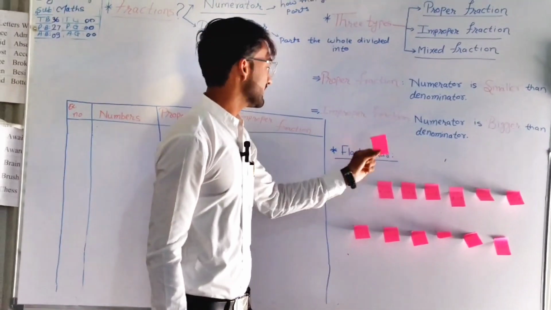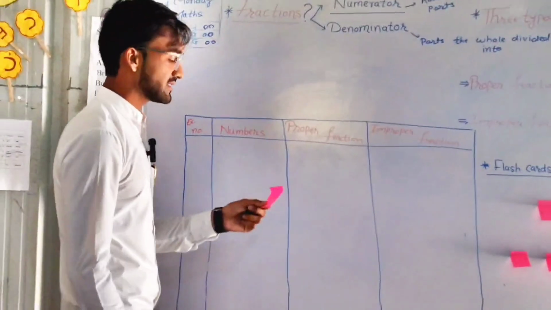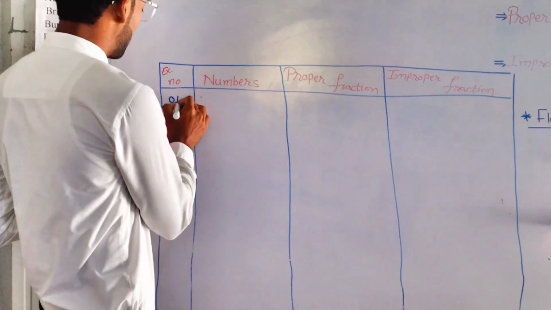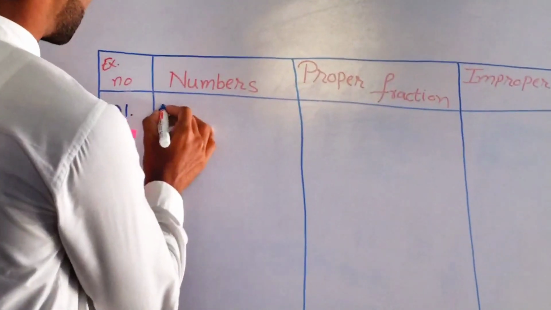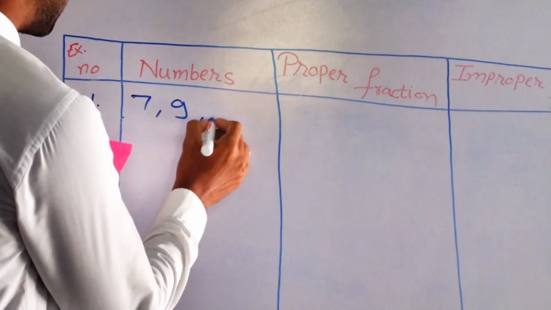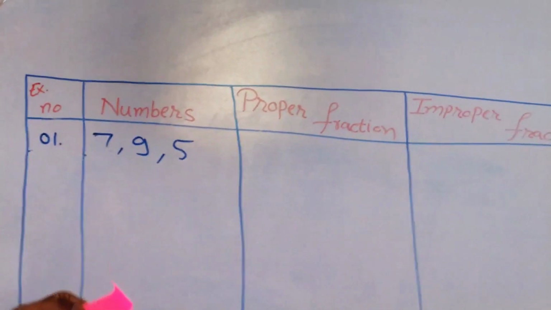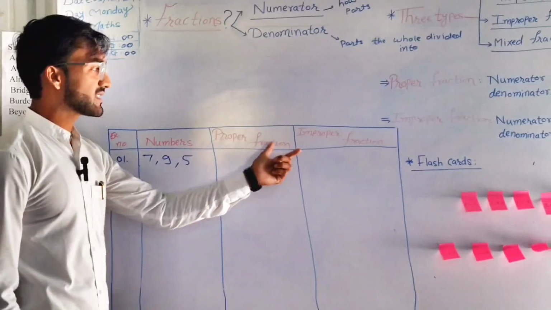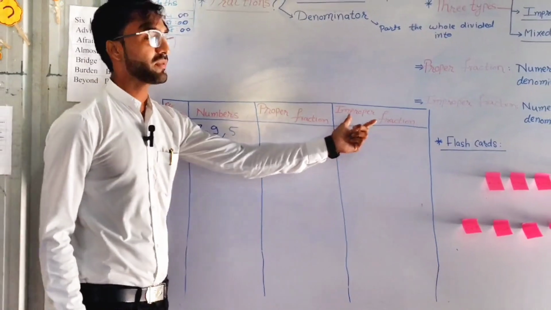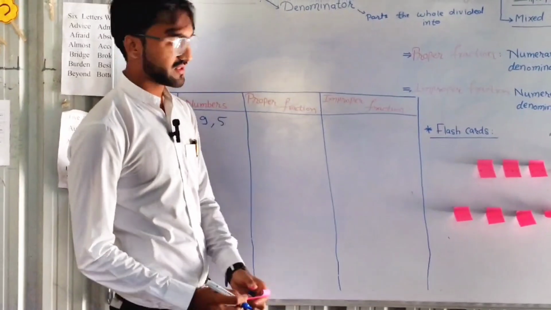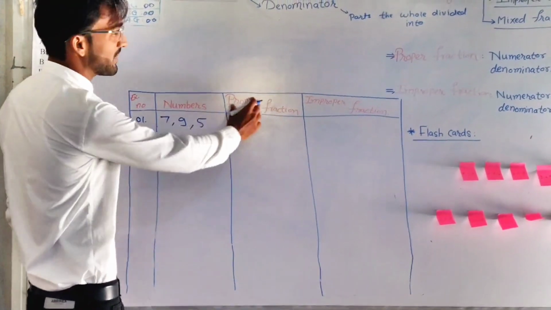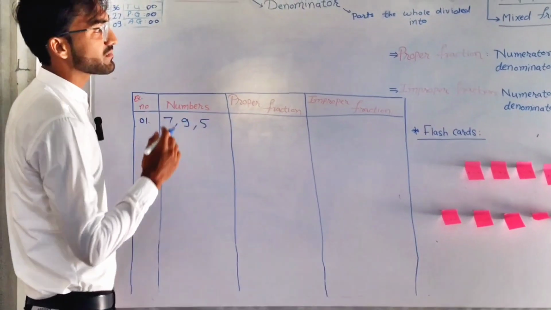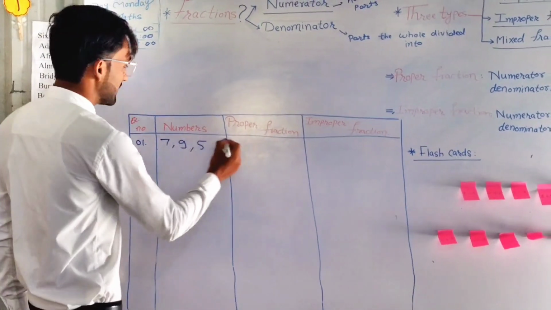So first we will take one flashcard and write here the numbers 7, 9 and 5. With the help of those numbers I have to make a pair of proper fractions and a pair of improper fractions. So a proper fraction means the numerator is smaller than the denominator.